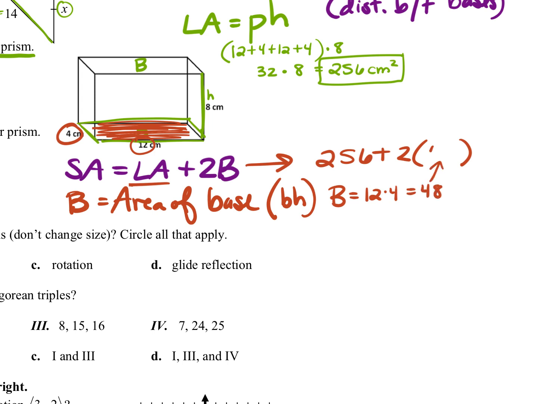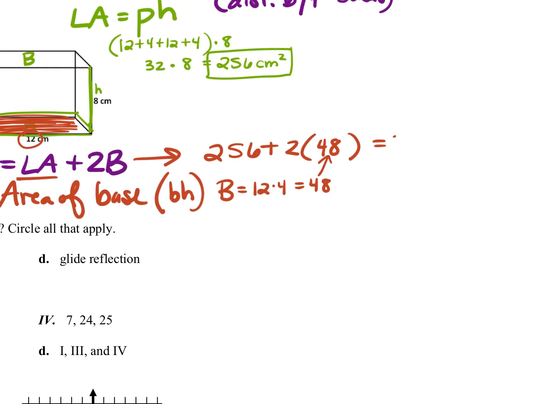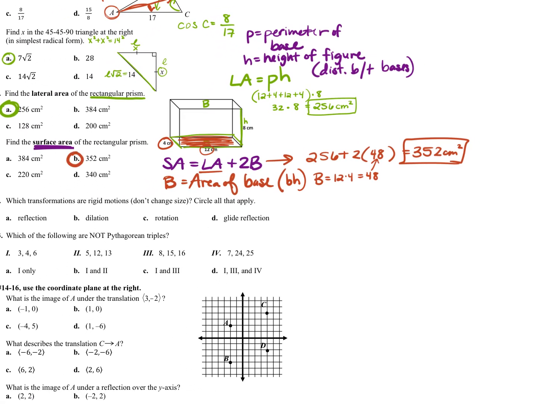That goes here, so 2 times the area of the base. So it's 256 plus 96 is 352. Make sense? And that is letter B.